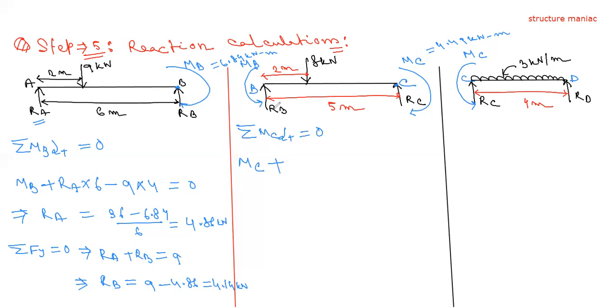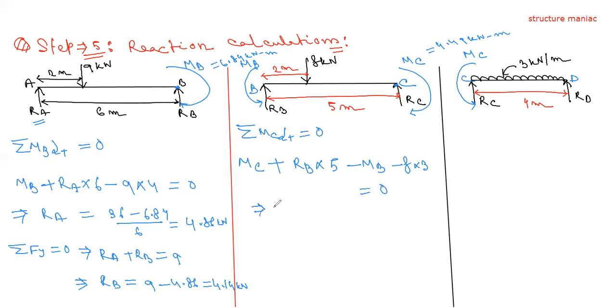Again, plus due to RB, we get another clockwise moment, so RB into 5. Here the anti-clockwise moment MB is acting, minus, and for the 8 kilonewton load we will have an anti-clockwise moment. So 8 into 3 will be equal to 0.